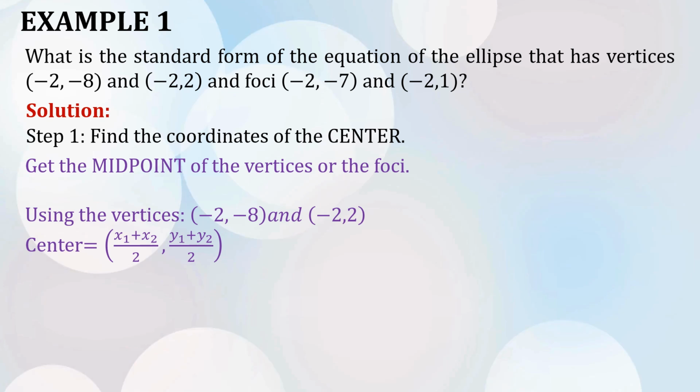We then use the midpoint formula, which is (x sub 1 plus x sub 2) over 2 and (y sub 1 plus y sub 2) over 2 to determine the coordinates of the center.